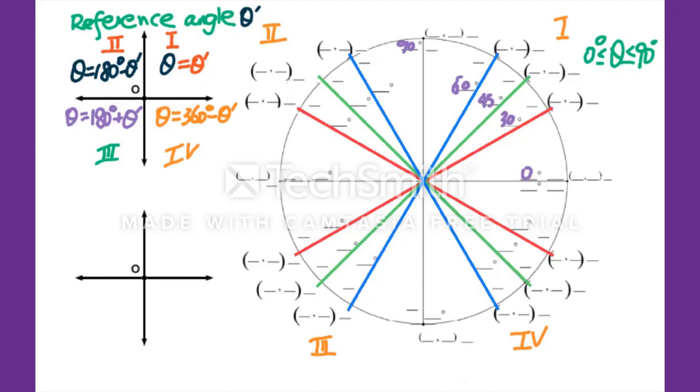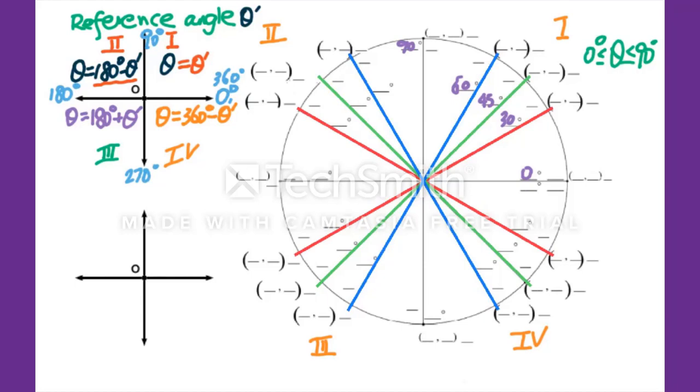We know that this x-axis, this will be 0 degree. This is 90 degree, 180 degree, 270 degree, and also we have 360 degree. So for a second quadrant angle, we can use 180 minus the reference angle.